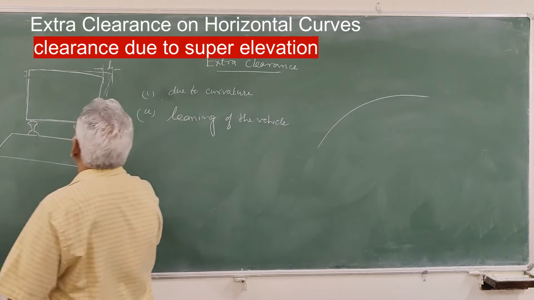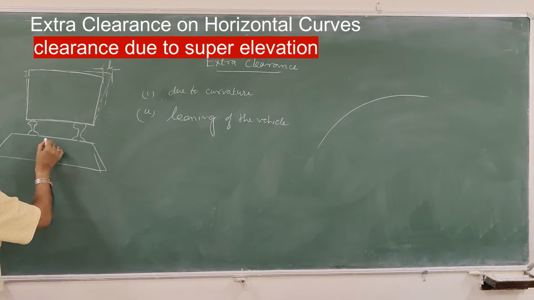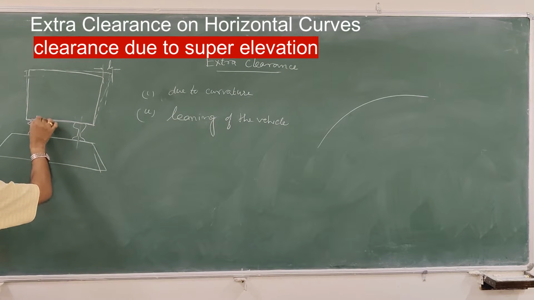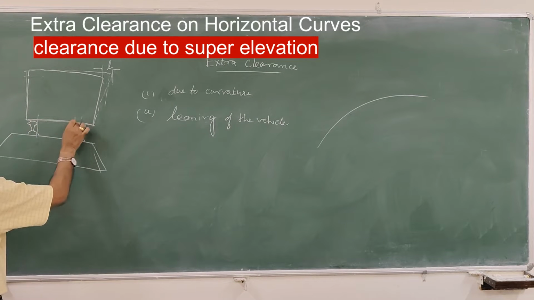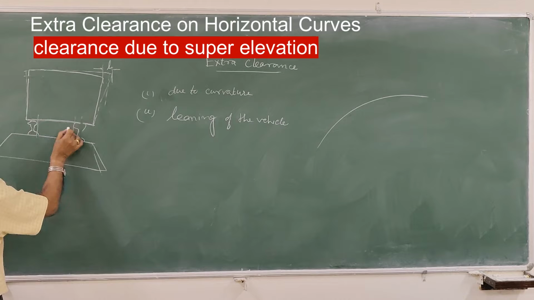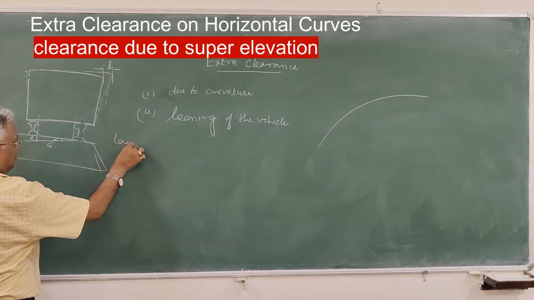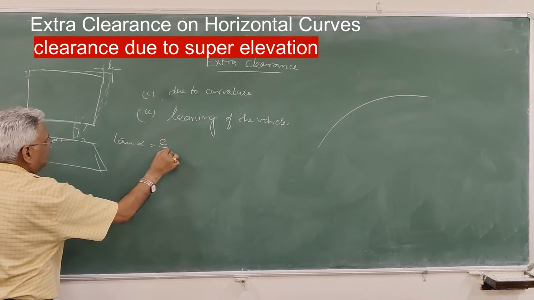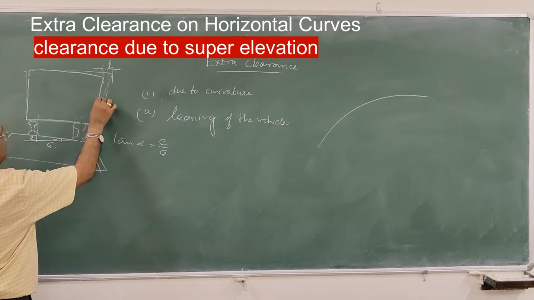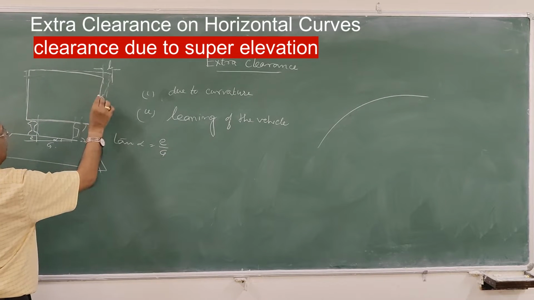This you can find out. If the amount of superelevation provided here is E, and this angle is alpha, and this is G, then tan alpha is E upon G, and the same angle will be here, alpha.